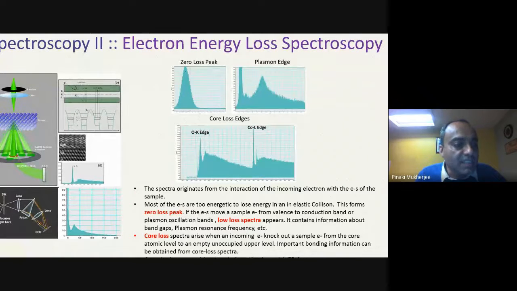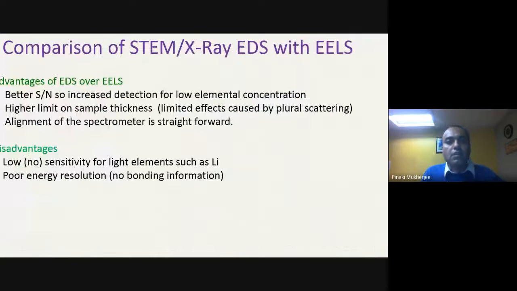So if there is any distortion in your crystal, or any change in the oxygen environment in your oxide, and so on, which changes the electronic structure of your sample, we can see it from EELS spectroscopy.